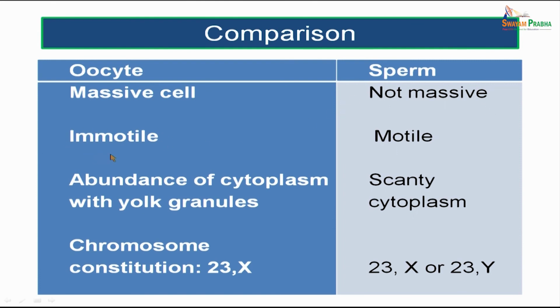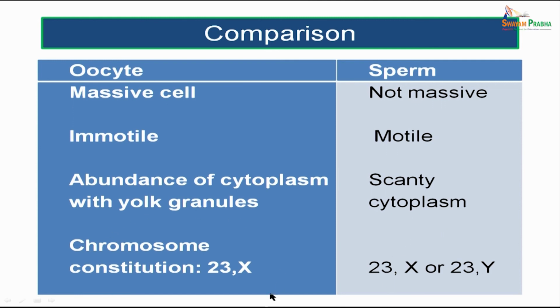The oocyte is not capable of moving on its own, hence it is immotile, whereas sperms are capable of moving on their own and are motile. There is an abundance of cytoplasm with yolk granules in the oocyte, which is needed for the nourishment of the zygote after fertilization, whereas sperm has only a scanty amount of cytoplasm.